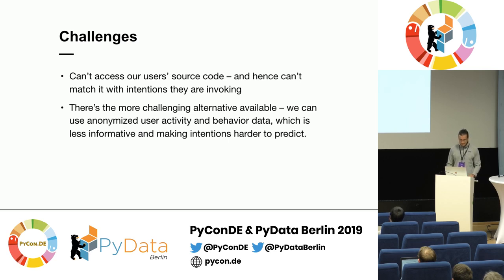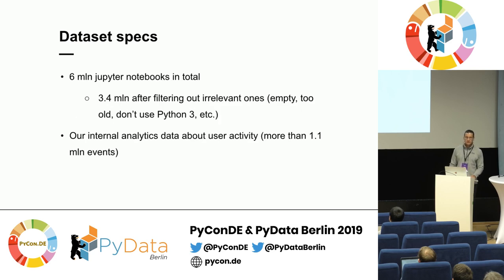So to train our model, we gathered 6 million public Jupyter notebooks from the web. We filtered out Python 2 notebooks, empty ones, and maybe very old notebooks. We also use our internal data about usage, with more than 1 million events with timestamps.